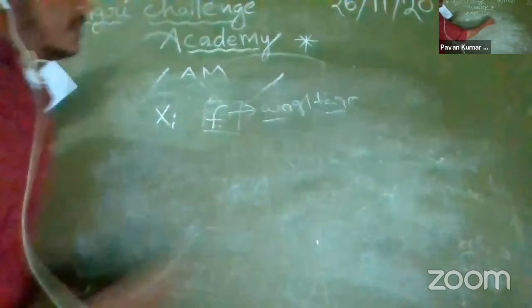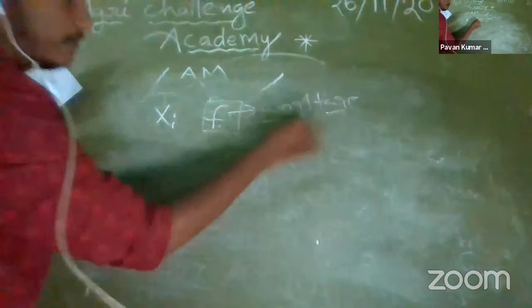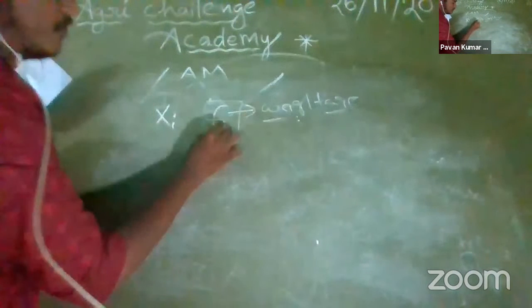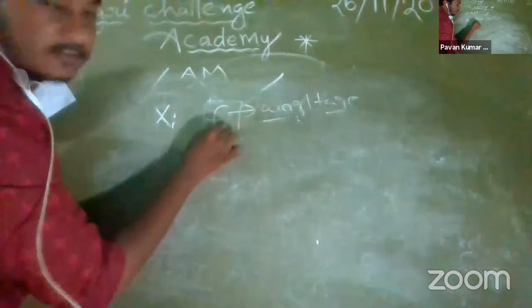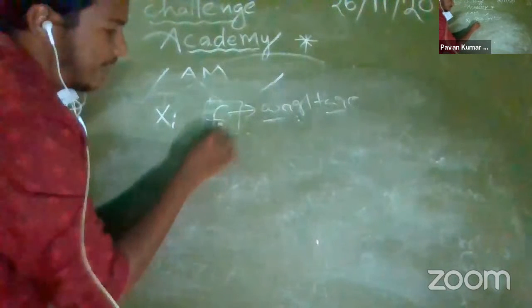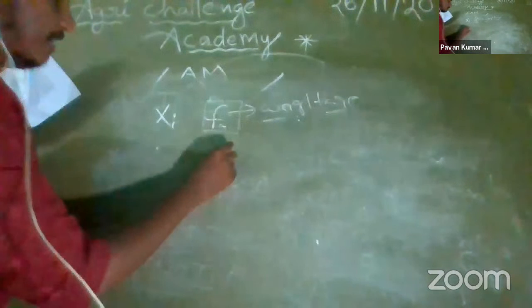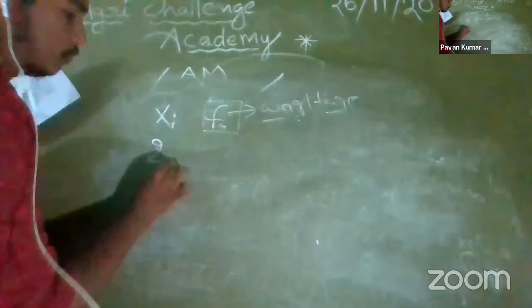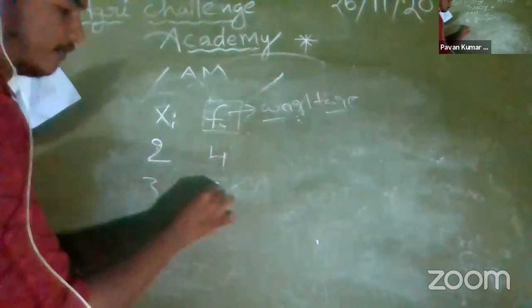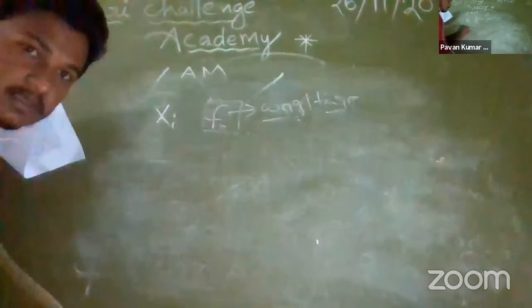In weighted arithmetic mean, instead of taking frequency, we take a weight for the corresponding value. Suppose 2, we give weight 4. Suppose 3, we give weight 8. This weightage is useful for calculating CGPA. Suppose this is the subject mathematics.